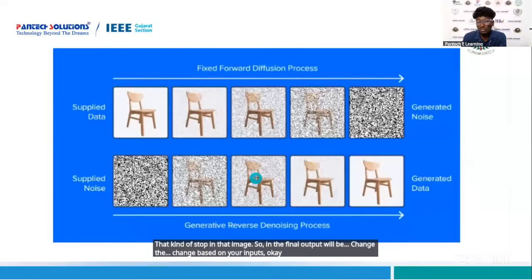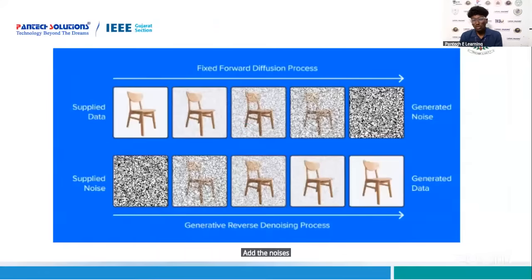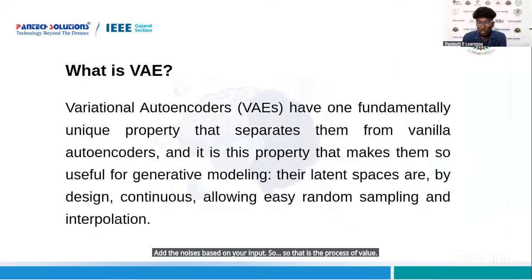That is the process of VAE. VAE basically removes the noise and adds noise based on your input. So that is the process of the variational autoencoder.